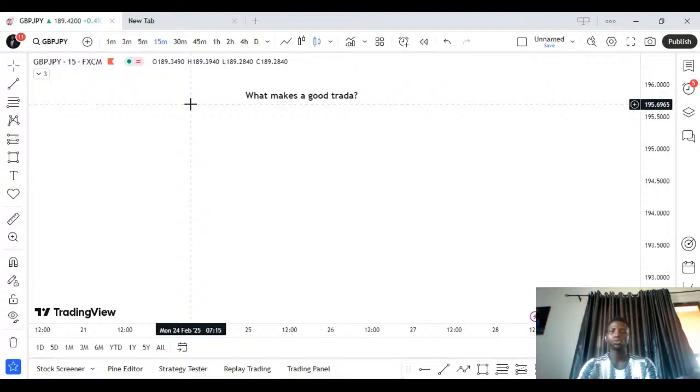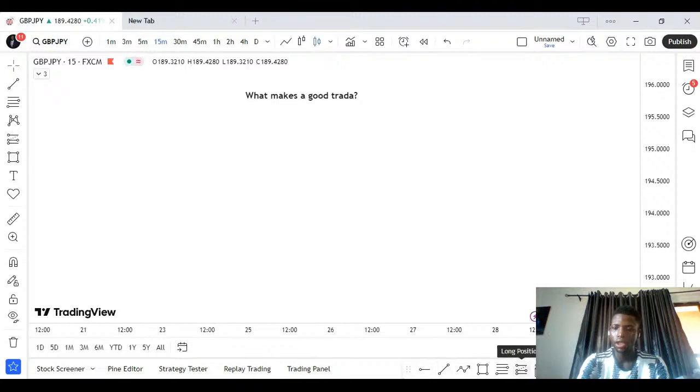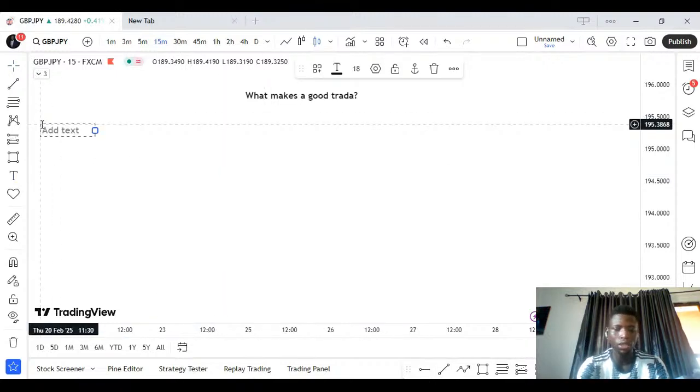All right. So you realize that these things are usually present in every good trade that you take. The first amongst them is definitely your directional bias. Number one, a solid trade must consider where is price going to.